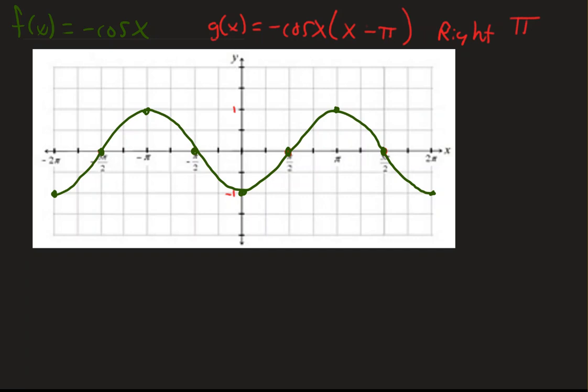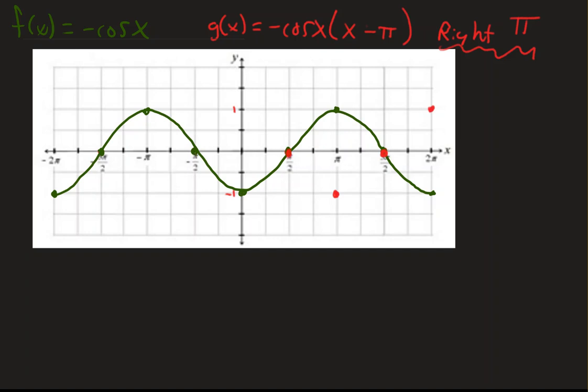So just like back in algebra 2, if you subtract from x, your whole graph goes to the right. If you add to x, it goes that much to the left. So same idea. If it's exactly the same graph except for this, then I'm just going to use these points, and I'm going to shift each point right pi and place it down. So this point, right pi, I know this distance is pi, shift it right pi, place it, shift this right pi, place it, and I just keep doing that.